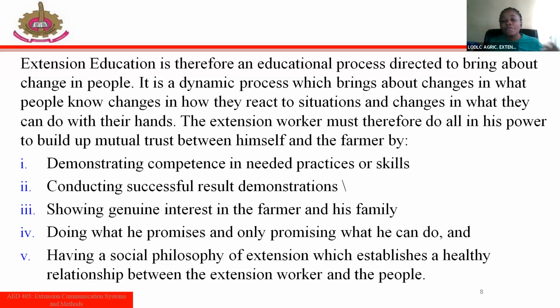Maybe if they have a wedding ceremony, you are invited, you come, they will see you, they will trust you, they will believe in you, doing what he promises and only promising what he can do. So when you want to do something, you must do it. If you promise that you are coming, make sure you are available.